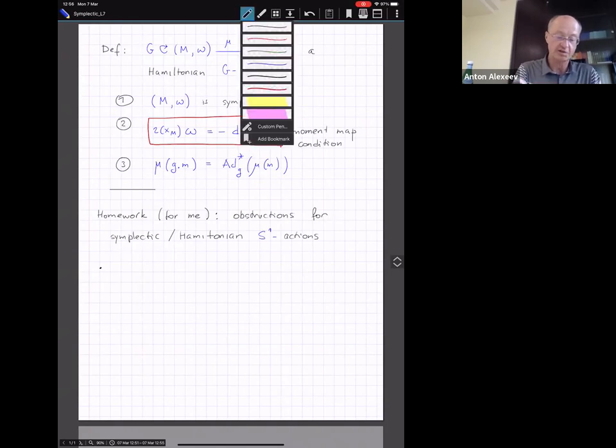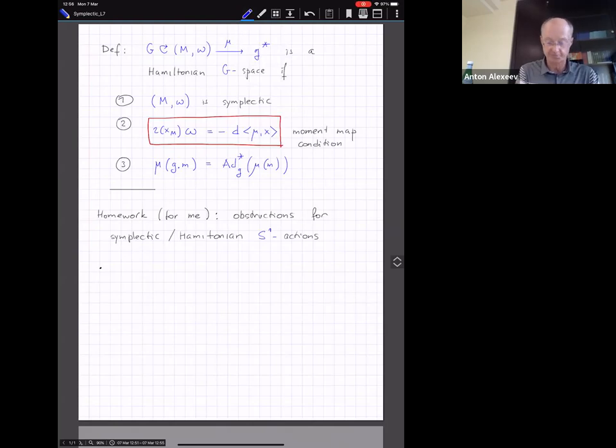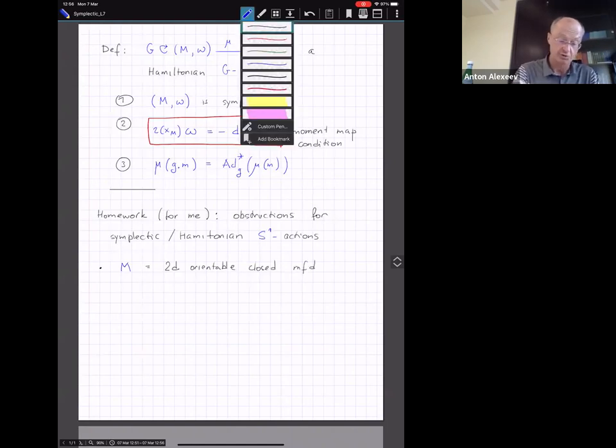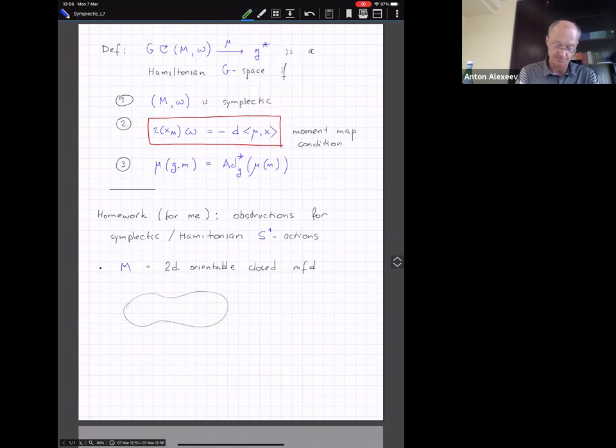First of all, there is a part of the answer which is sort of cheap and easy. Suppose that M is a two-dimensional orientable closed manifold. In other words, it's a surface, characterized by a genus, say g.